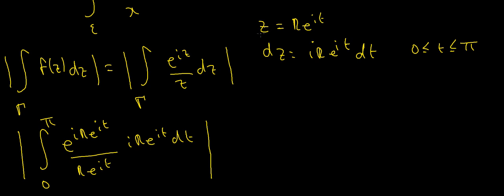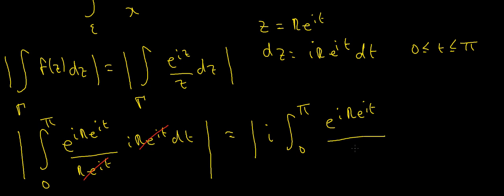Now notice that I can immediately cancel a few things here. I can cancel this factor here with this factor, because r e to the it divided by r e to the it is just 1. And what I can also do is bring this i out in front. So this is just equal to the absolute value of i times the integral from 0 to pi of e to the i r e to the it dt.